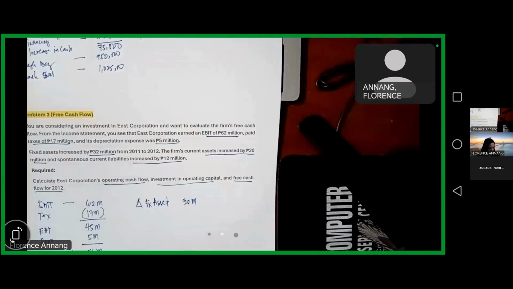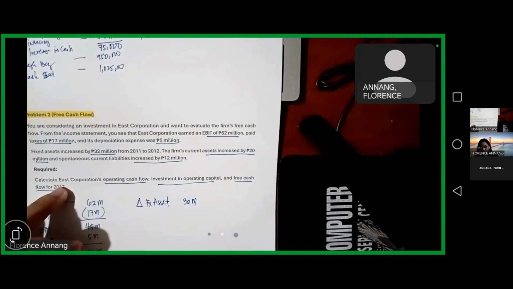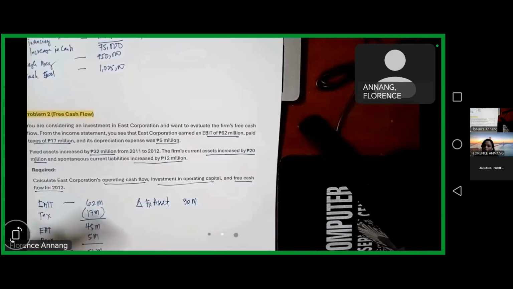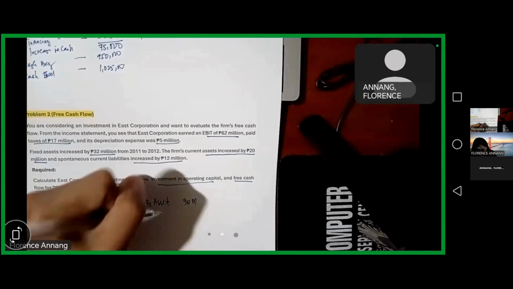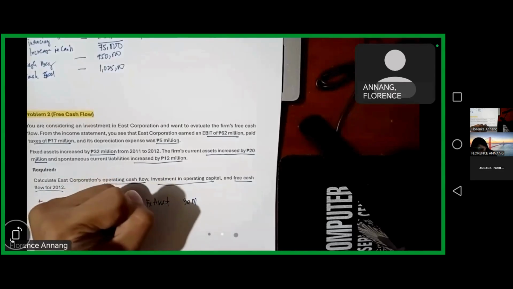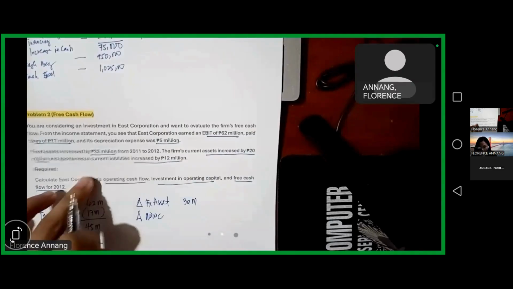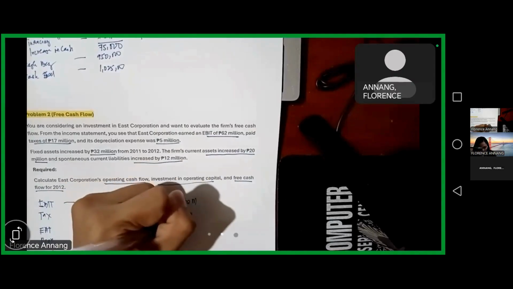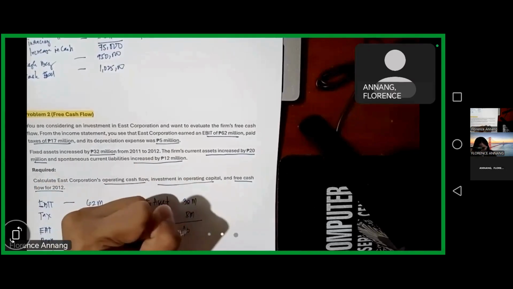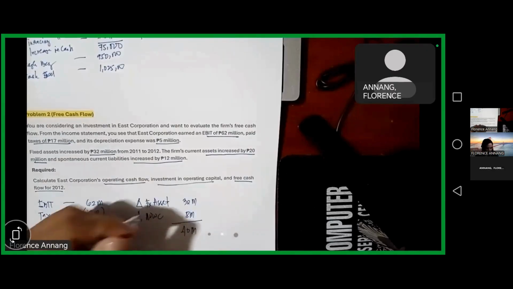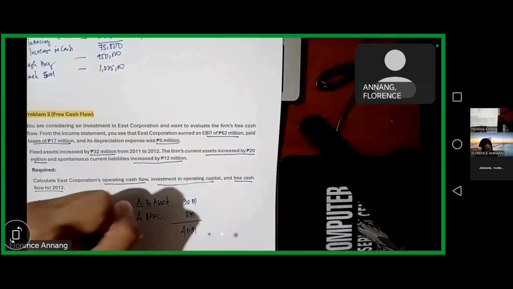We have our change in NOWC, which is the difference between our current asset and current liabilities. Since there is no given notes payable or excess cash, then it is the same as your net working capital. So change in NOWC is 20 million less 12 million, that's 8 million. So we get 40 million pesos investment in operating capital.